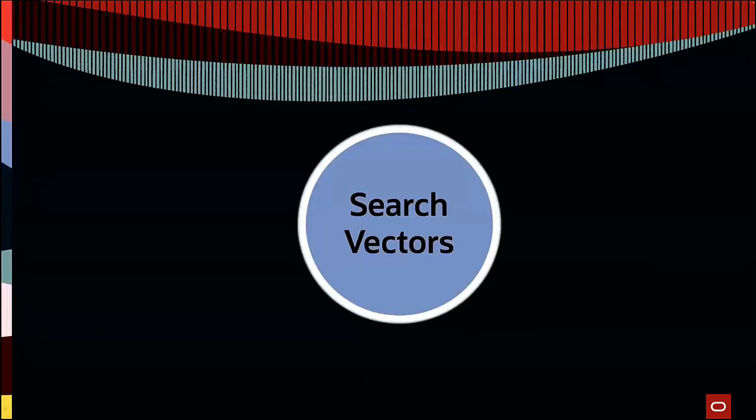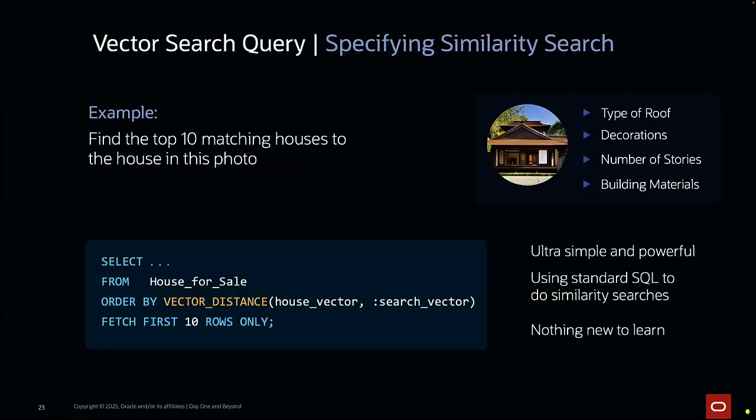All right, so let's look at how to search them, right? So using that house example, we've created our table with houses for sale, and we've got a vector stored there called house vector. Now I can pass a photo that I take from my phone and I embed that image. So I need a way of vectorizing that image that I've just taken. But in embedding it and generating a vector for it, I can then do an order by vector distance, right?